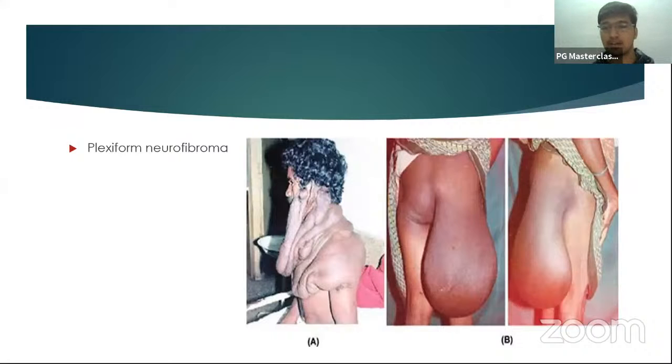There is thickening of the skin with edema, so the skin hangs down. Usually the patient presents with pain and paresthesia over the site of distribution. So how will you differentiate it from lymphedema?